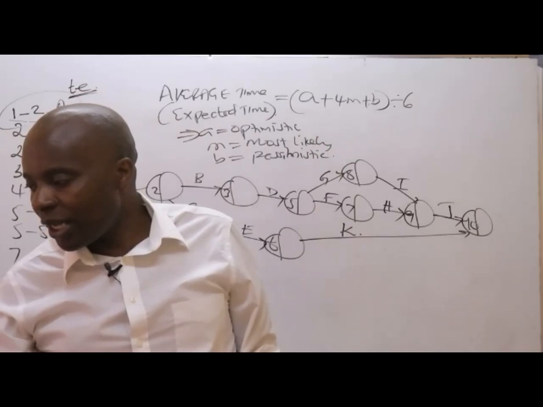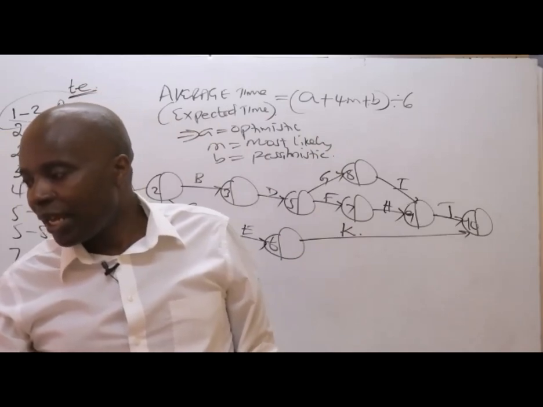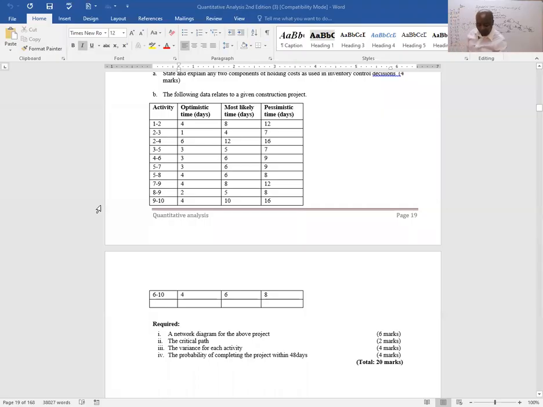So for activity A, what will be the expected time? The optimistic time for A is 4, so I'll start with 4 plus. The most likely time must always be multiplied by 4.